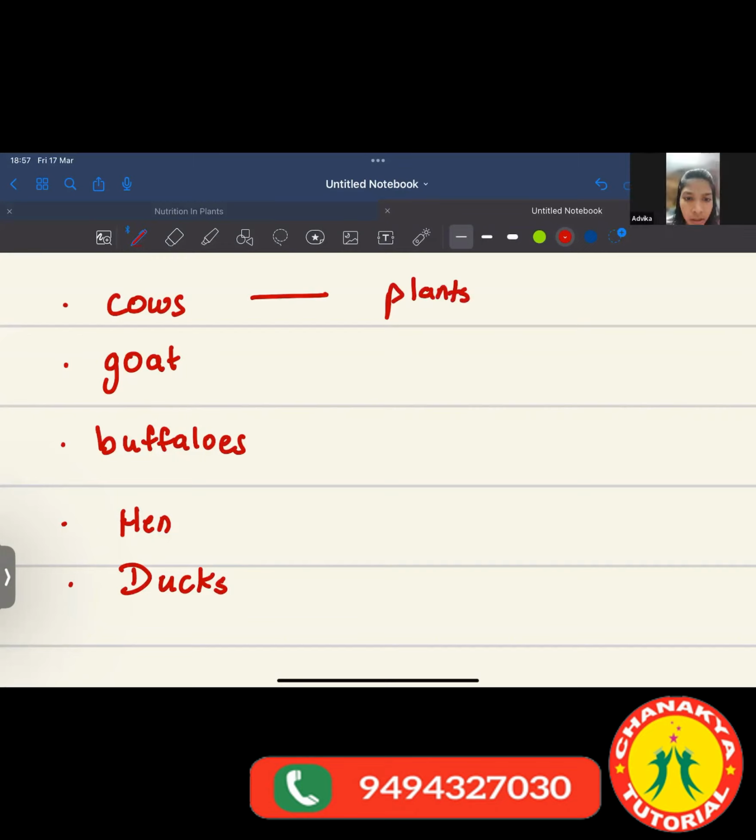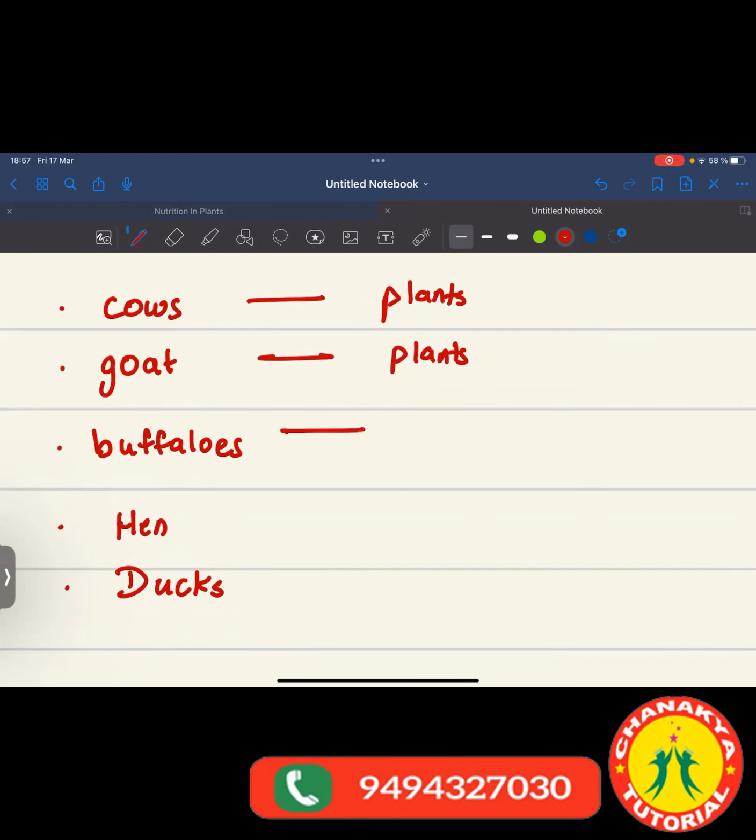Ma'am, the plants. We can't give chicken to a goat. No, ma'am. Okay. What about buffalo? Only the plants. Okay. Plants. Think carefully.